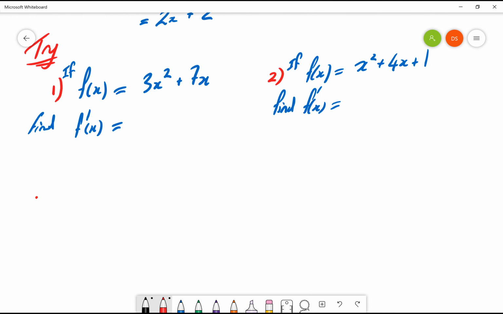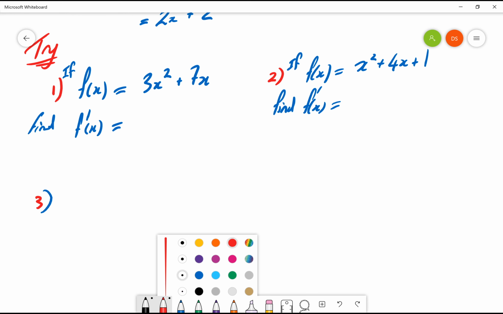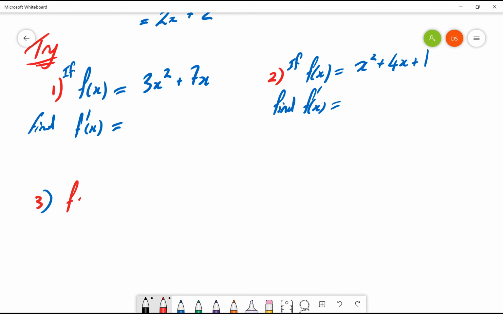So question 3. Maybe I need to write them faster. Do them quite quick. f of x equals x to the power of 1 over 2.